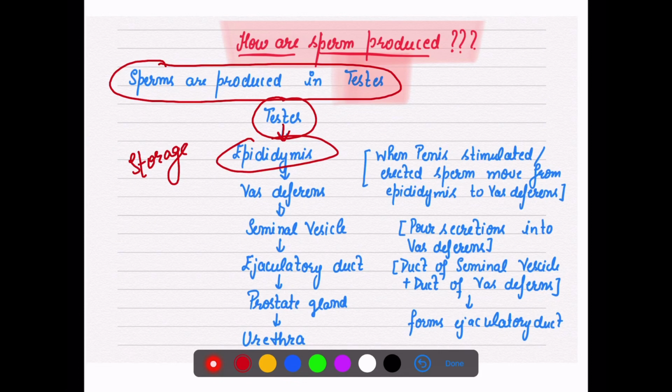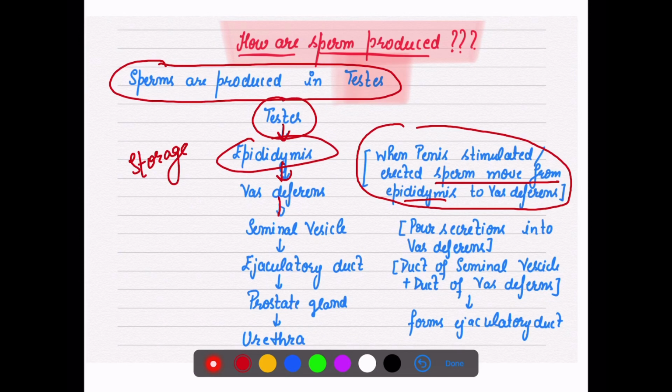When the penis gets stimulated or erected, only then do sperms start moving from the epididymis to the vas deferens, and from the vas deferens they move to the common duct.